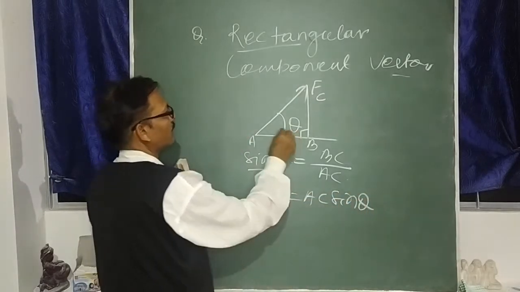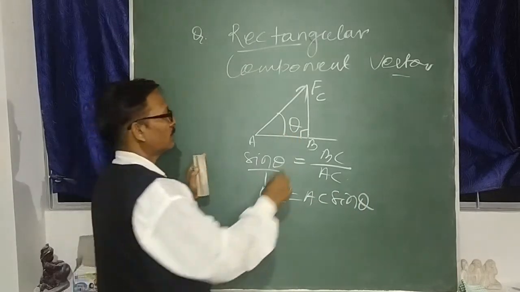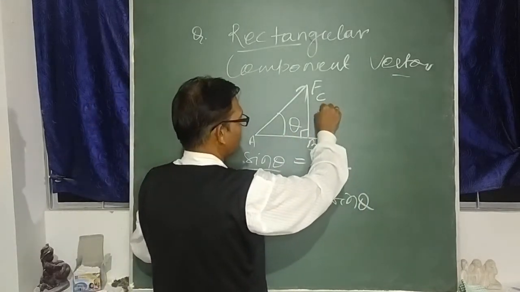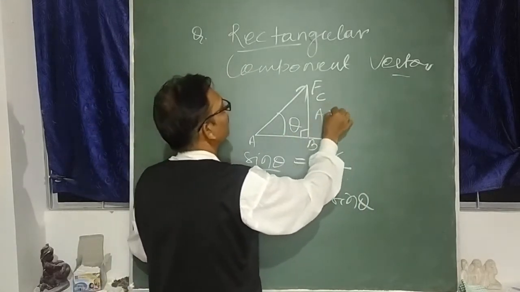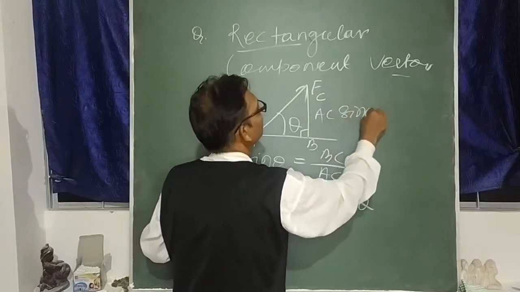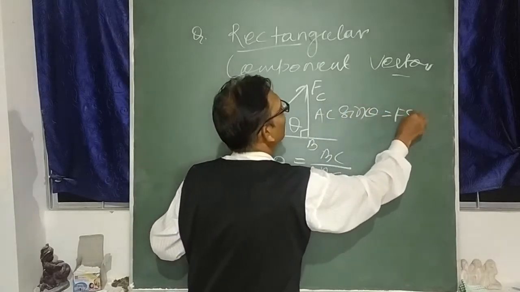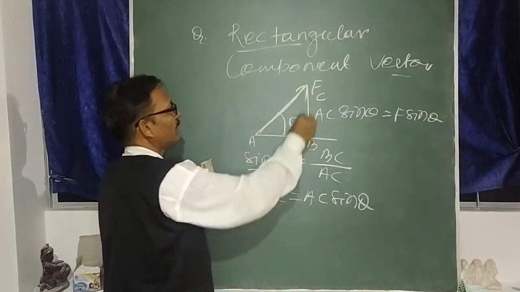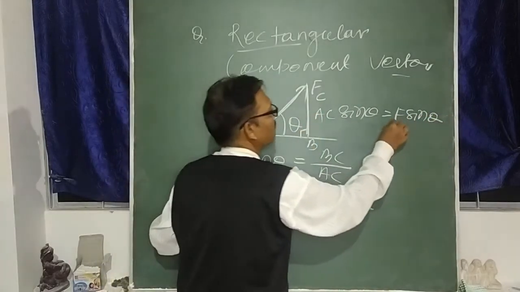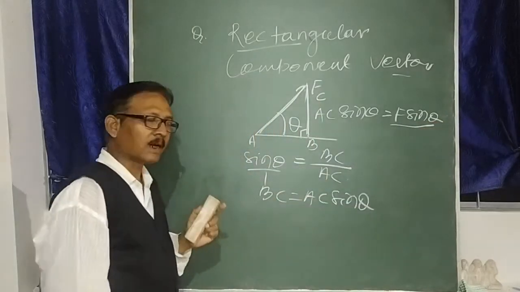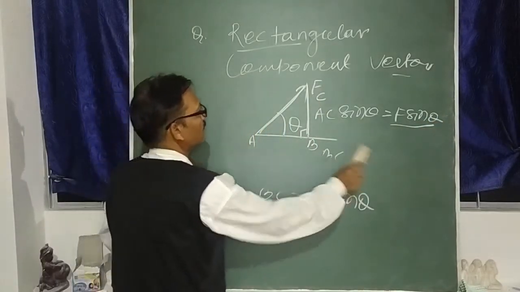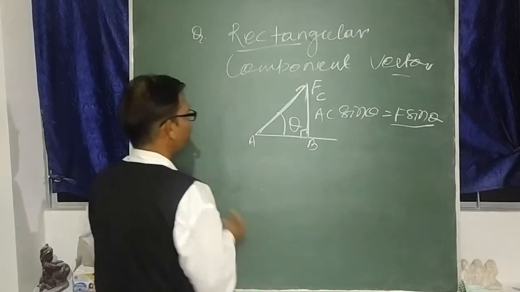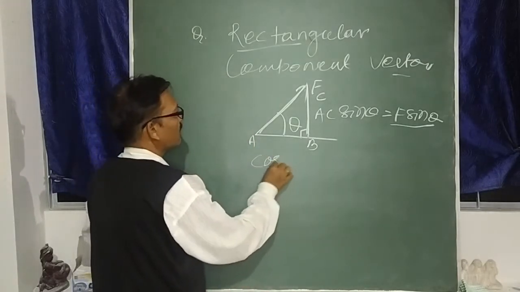So BC, here you see, is opposite of theta. This is AC sin theta, that is F sin theta. You see, F sin theta is in the vertical direction, opposite of theta. Next, cos theta.